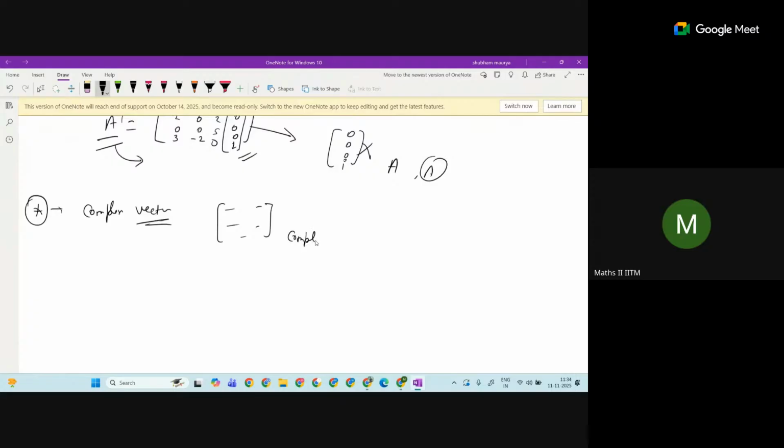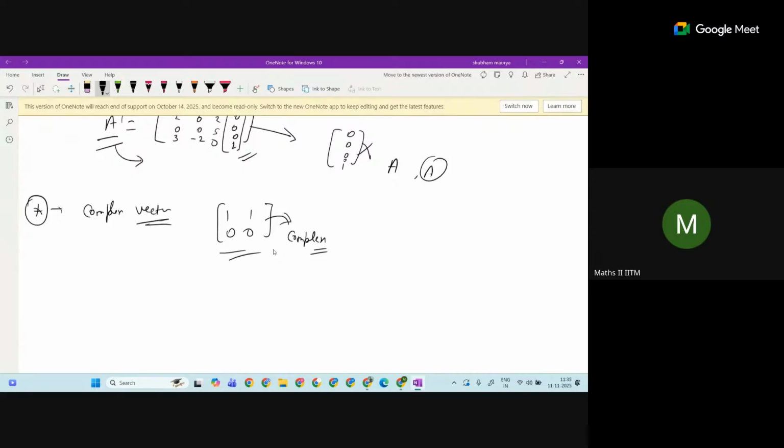Here may be the case where the entries are real, but the eigenvalues may be complex.